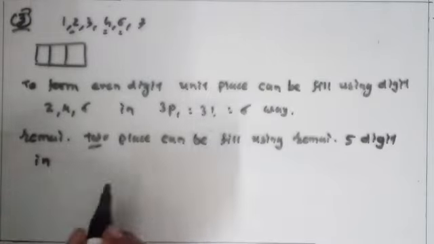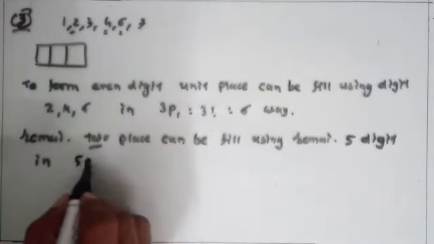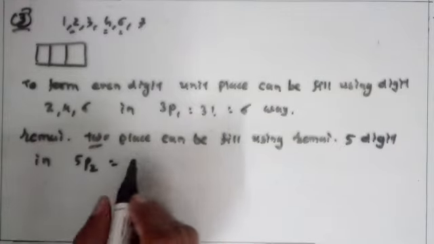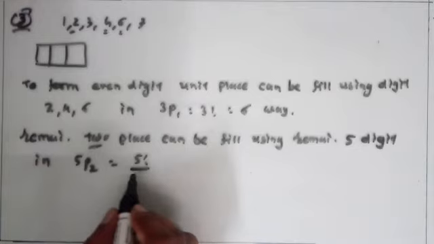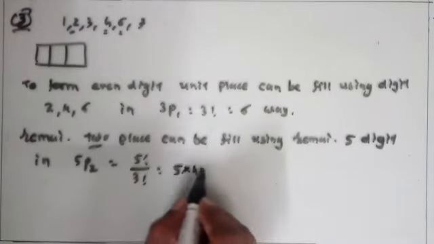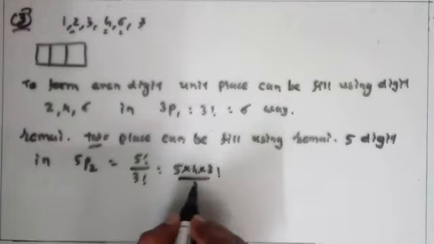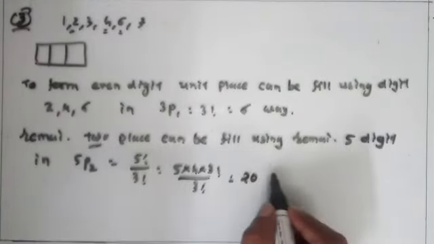in 5P2 ways, which is equal to 5 factorial upon 5 minus 2, that is 3 factorial, which is equal to 5 into 4 into 3 factorial upon 3 factorial, which is equal to 20. Clear?